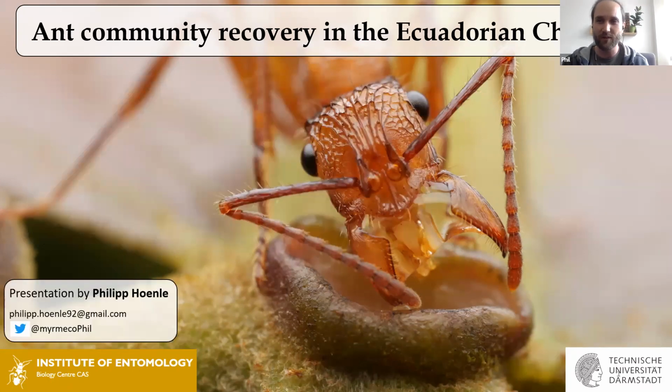Now, you already saw here the background picture. It gives you quite a nice idea of how important ants are. This is an Ectatoma tuberculatum worker drinking from an extrafloral nectar, the sugar water that the plant produced. This is from an Inga plant in Ecuador. These plants are quite common, as well as the ant species.